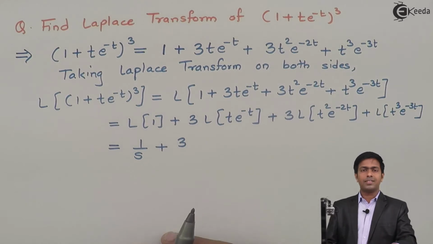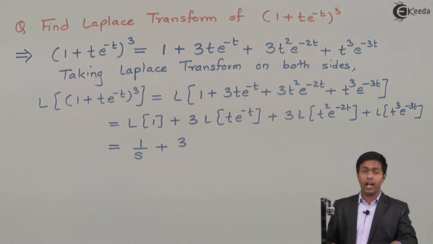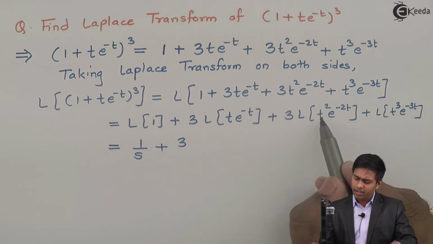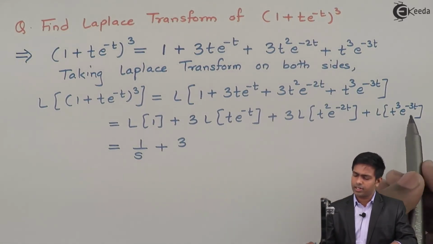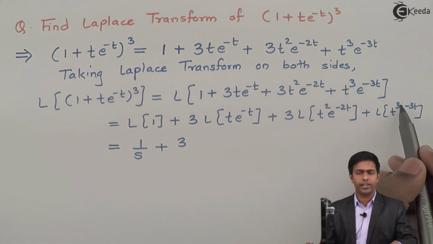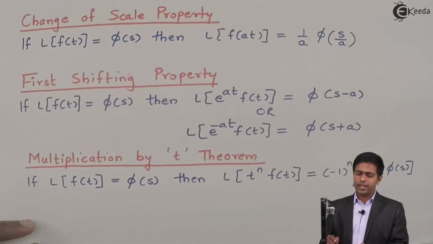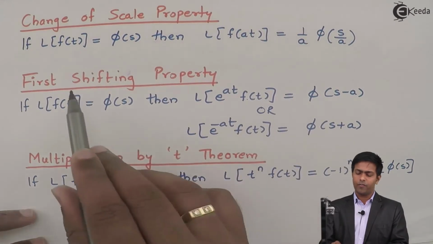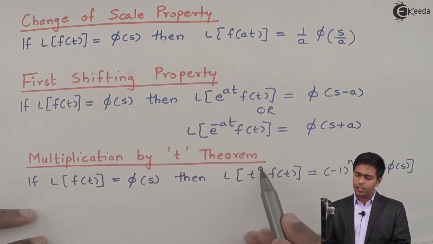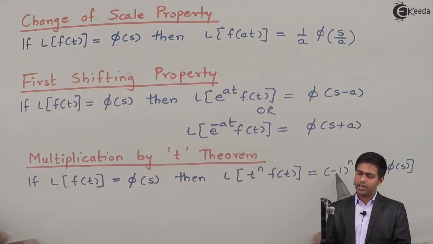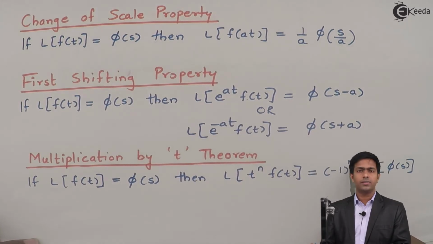Now from the simplicity point of view, the first shifting property is easier, and by that property we can get the answer early. Why? Because in this third and fourth function, we have the terms t square and t cube. So if I apply this multiplication by t property instead of first shifting, then for t cube, I will get minus 1 raised to 3 d raised to 3 by ds raised to 3.